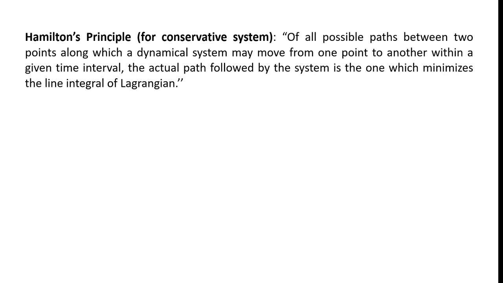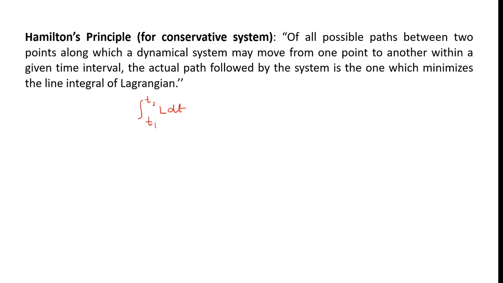In mechanics, the action integral is defined in terms of this integral, in which the integrand is the Lagrangian and the limits are for time from t1 to t2. These are the time of start and the time to reach the other point, t2.